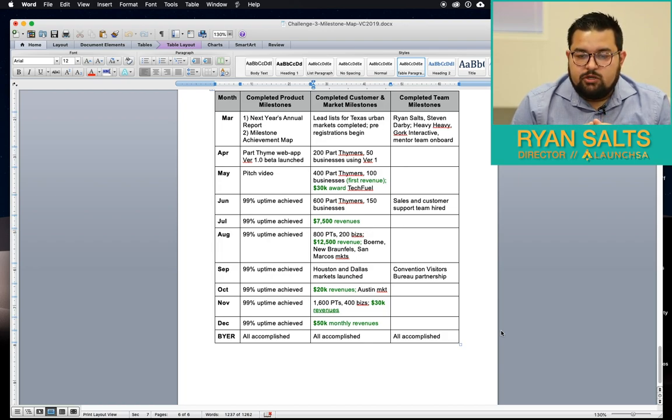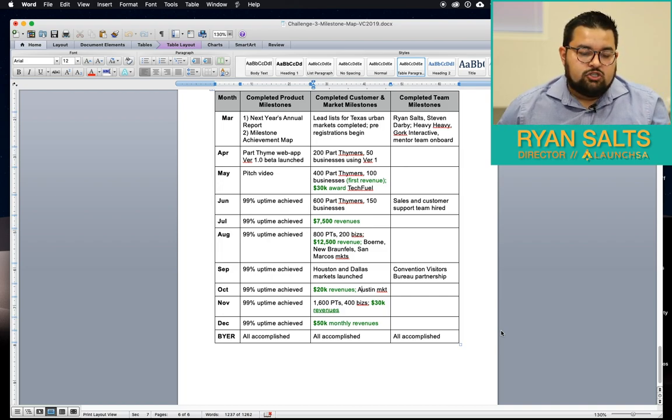In terms of composition, we do hope that you keep it brief. Please do not tell us your life story in each block. Try to get to the point as quickly as possible, highlighting the things that are most important. If you were to compare all of the documents together, meaning the annual report, the milestone map, the cash runway, and everything else, they should have a level of consistency so that when you look at June and it says that I hired the salesperson, that should also be stated in the exact same month in the annual report.